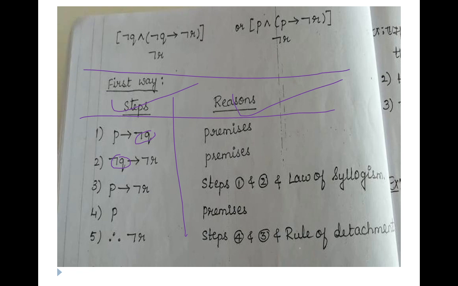Then I use the rule of detachment: P implies negation of R, followed by P. The conclusion I get is negation of R, because P is detached. So what I got is step 3 and 4, and the rule of detachment is this one. Understood? Okay.